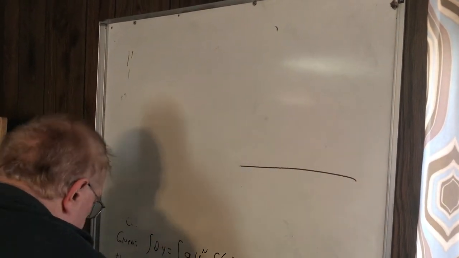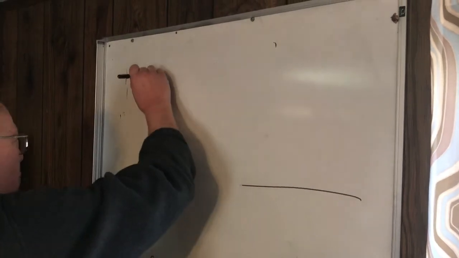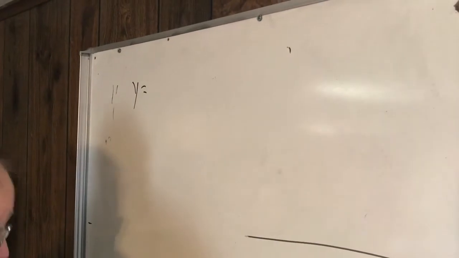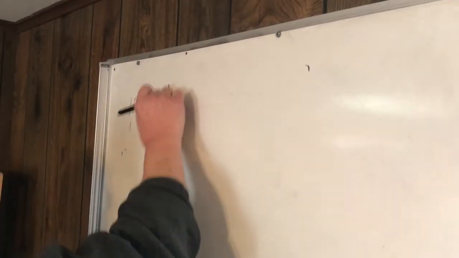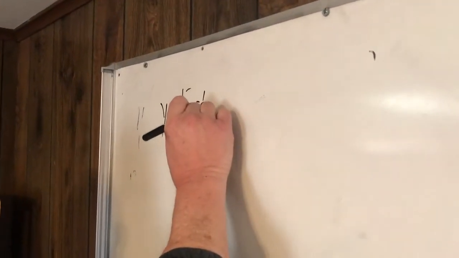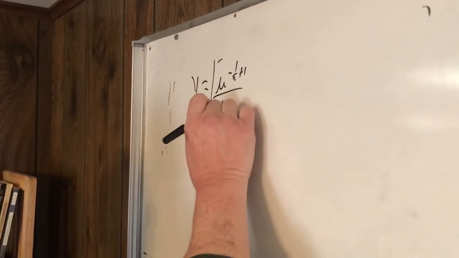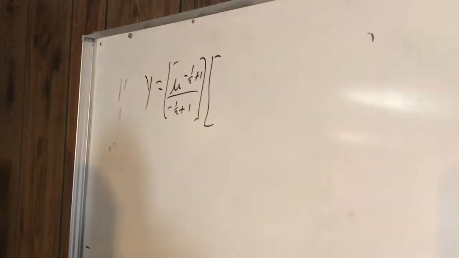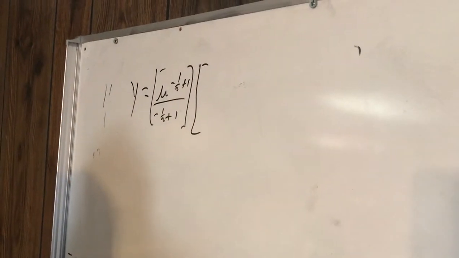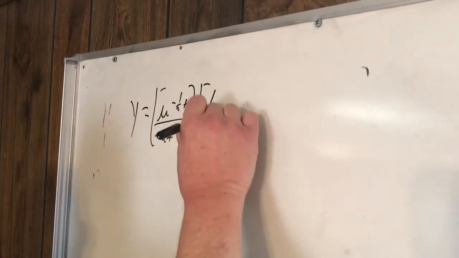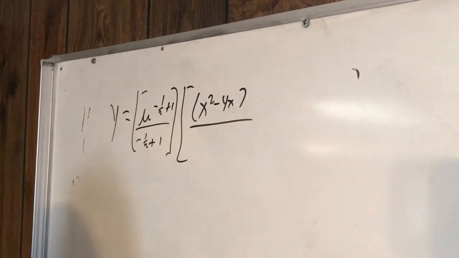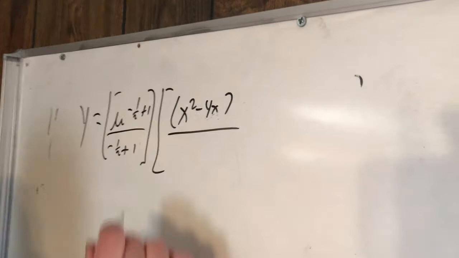All right, so y is going to be equal to a, which is 1, times u to the minus 1/2 plus 1 divided by minus 1/2 plus 1, times f of x, which is x squared minus 4x, divided by du dx, which is 3x squared minus 12x.